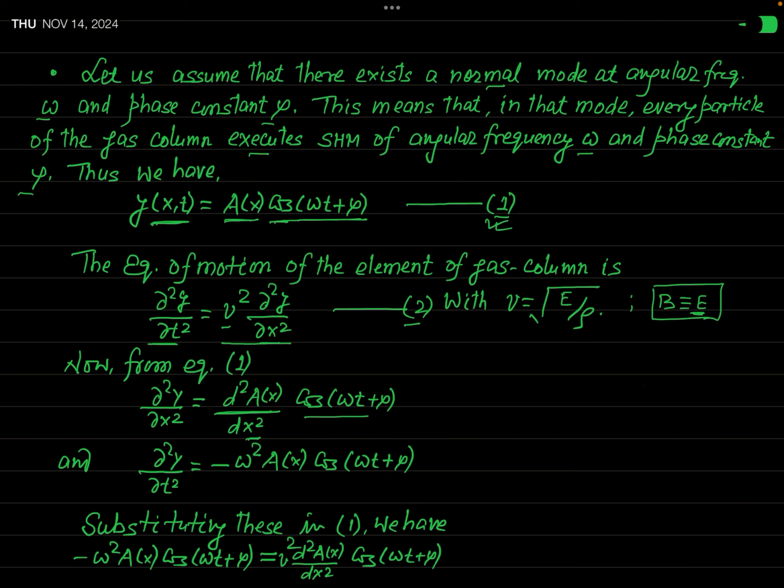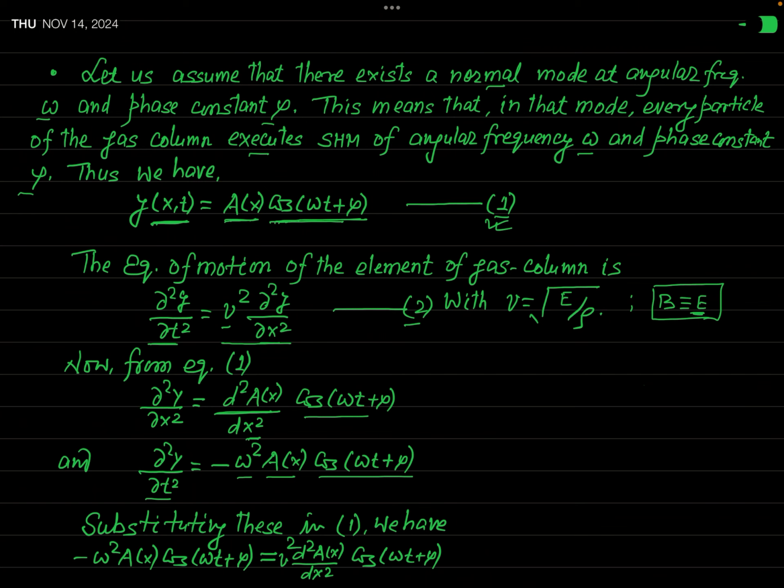Okay. Similarly, when you will differentiate this y 2 times with respect to t partially, you will have to keep this a x as a constant factor, and this cosine function will get differentiated 2 times. So after differentiation, we get del 2y by del t square equal to minus omega square times a x times cosine of omega t plus phi.